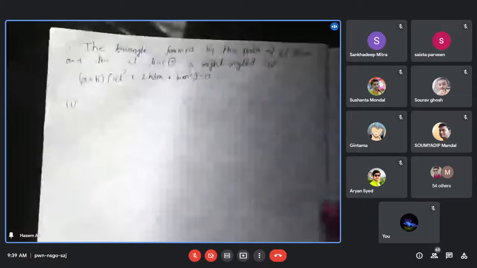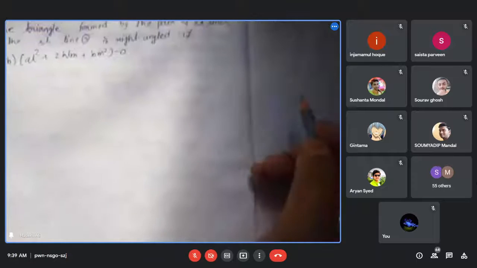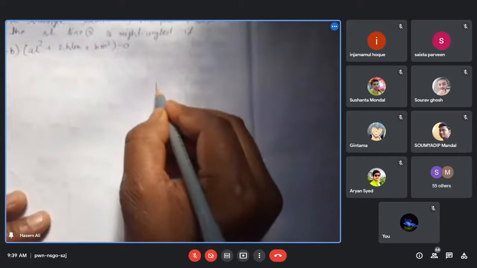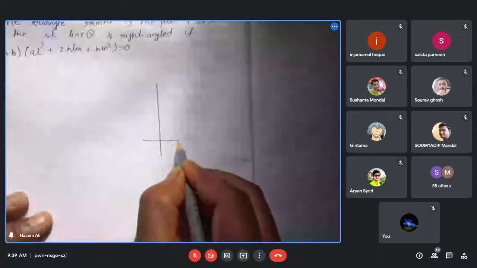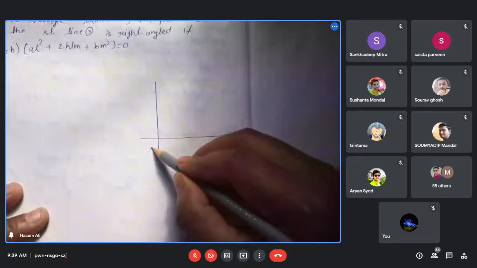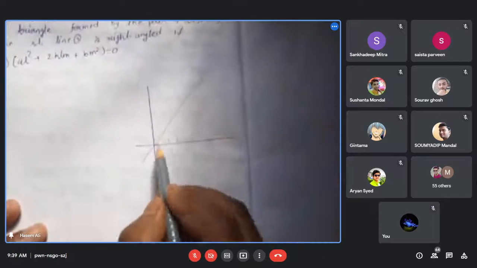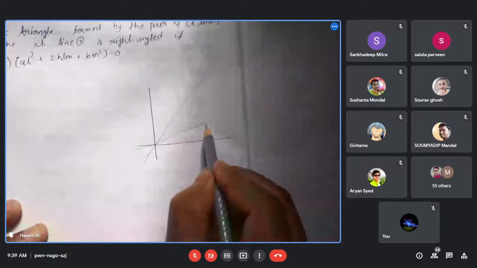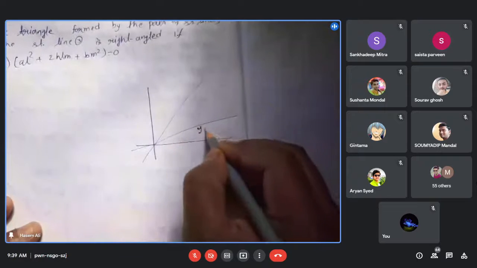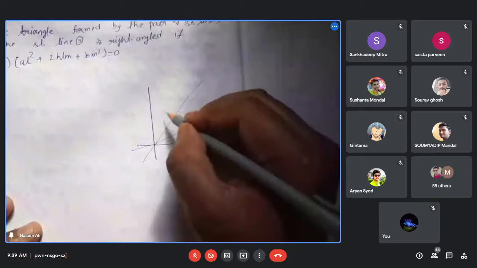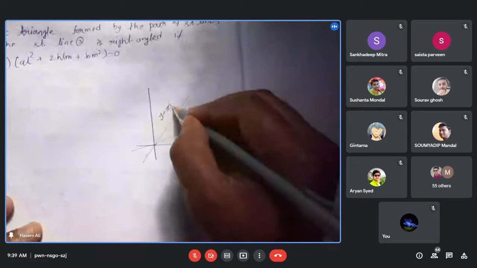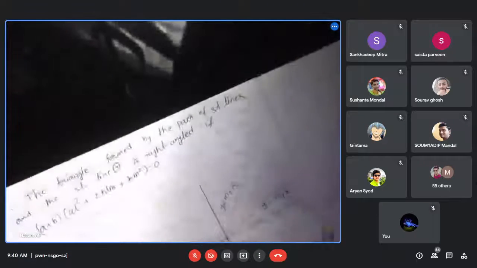Now draw the picture again. This is our y equals m1x. This is y equals m2x.